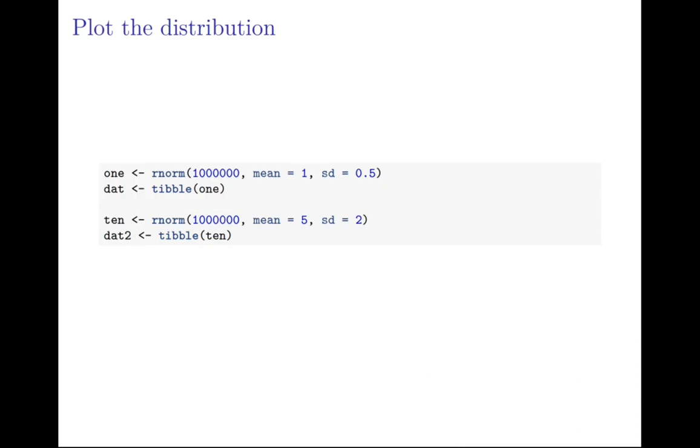One thing that can be really useful from simulating data, especially from rnorm, is to plot your distribution. Sometimes it's just nice to know what a distribution of a certain type looks like when you give it certain parameters. So say here we have a lot of draws from a normal with a mean of 1 and a standard deviation of 0.5, and another set of draws from a distribution with a mean of 5 and a standard deviation of 2.